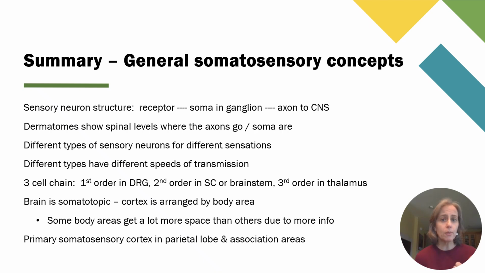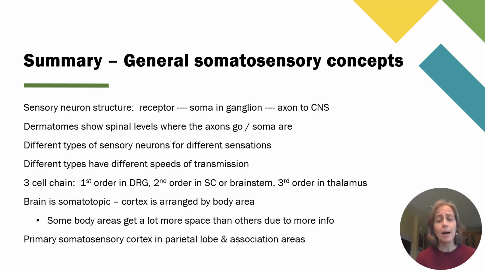We've got dermatomes, which tell us what spinal level those axons are going to be entering the spinal cord at, and therefore what level the cell bodies are in the dorsal root ganglia. And we also have different types of sensory neurons for different sensations, and they're going to have different types of axons, everything from really fast axons to relatively slow axons.